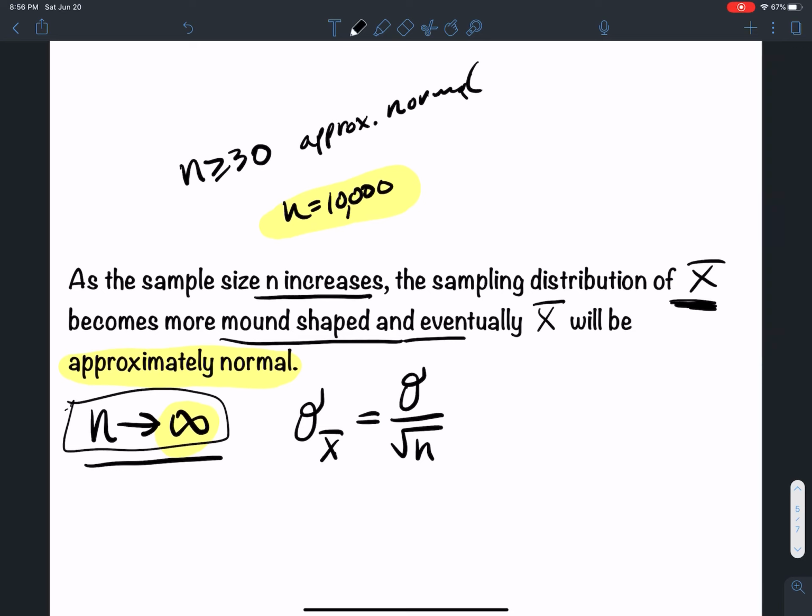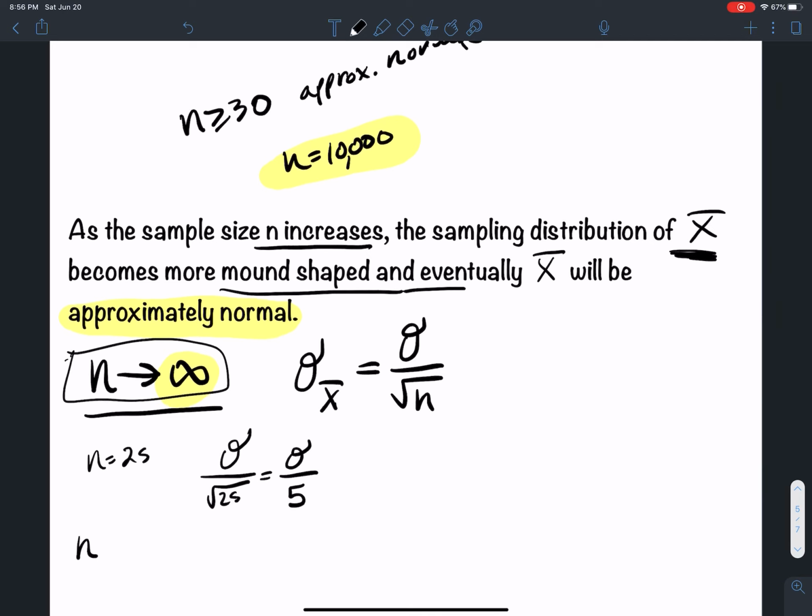Say you have sigma divided by the square root of n, and maybe n is equal to 25. If I take the square root of 25, I get 5, so sigma divided by 5. But say n is maybe 100 now. So now it's sigma divided by the square root of 100, so it's sigma divided by 10. Which one is bigger?